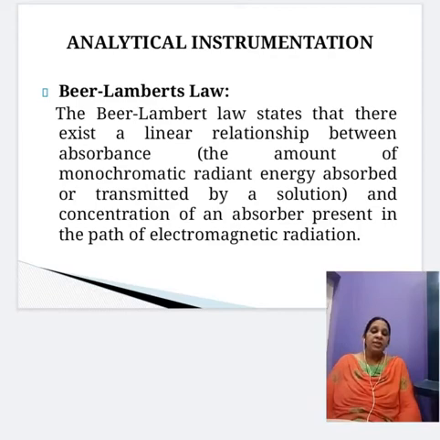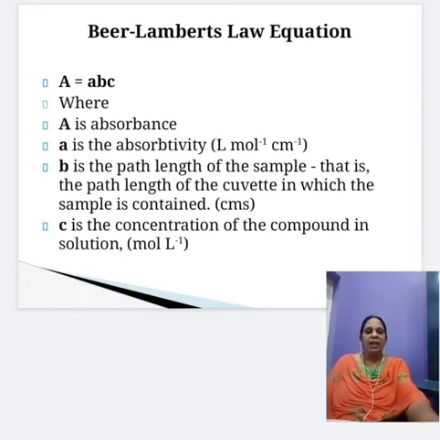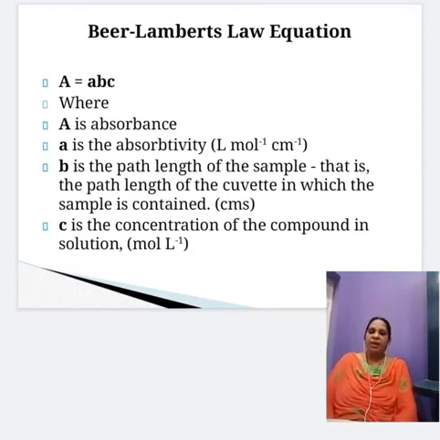The law can be represented by the equation A = abC, where capital A is the absorbance, small a is the absorptivity, a constant, b is the path length of the sample, that is the path length of the cuvette in which the sample is contained, and C is the concentration of the compound in the solution.